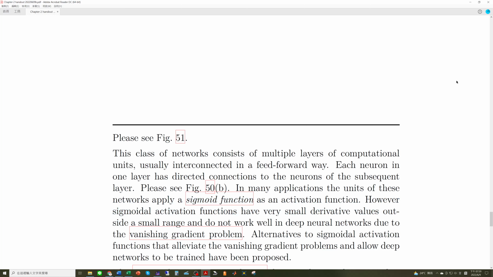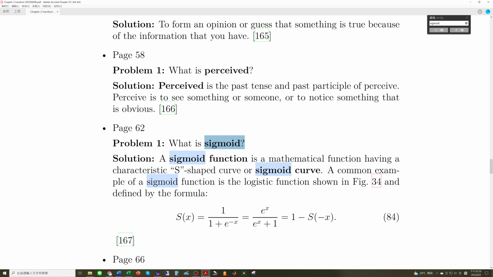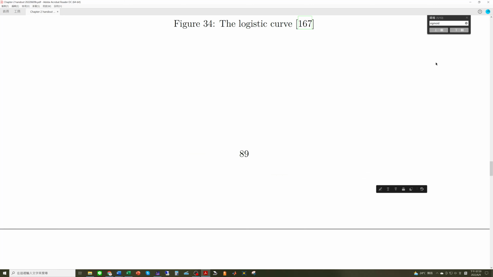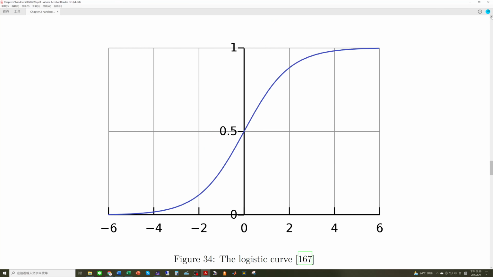Let us go to the sigmoid function, and let us see figure 34. Figure 34 is a kind of sigmoid function called logistic curve. We can see that here the slope is equal to 0, and here the slope is equal to 0.